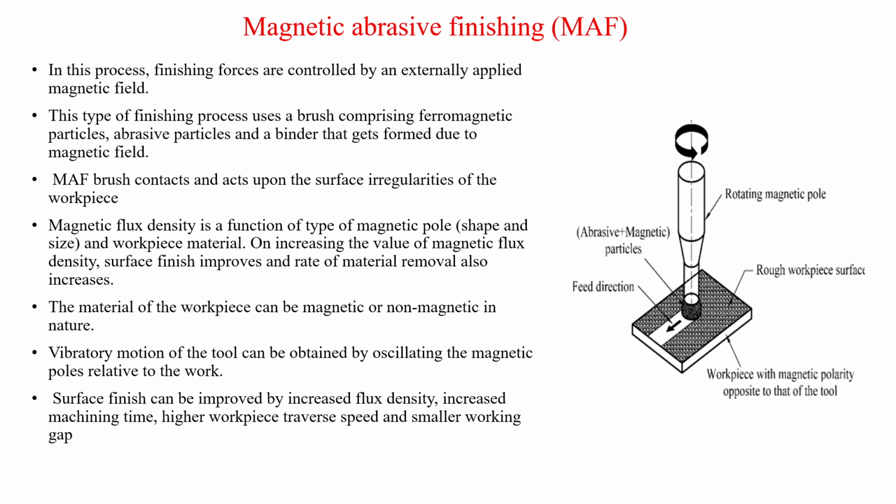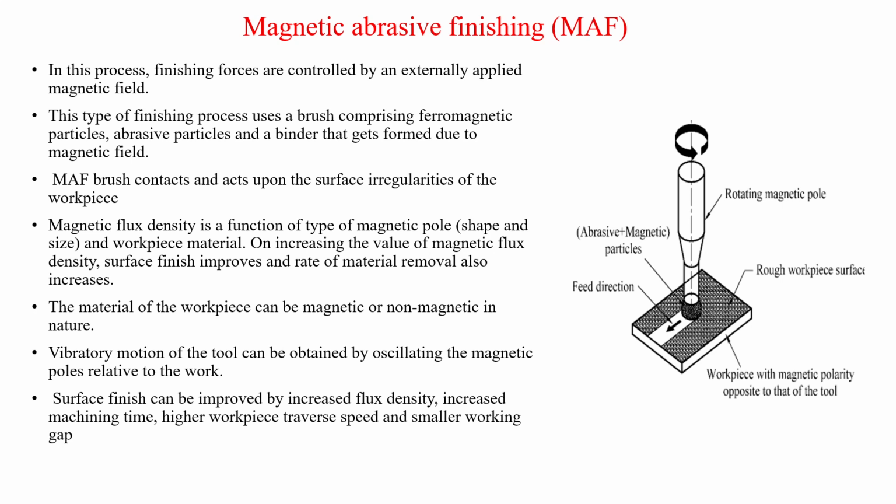Fine. When we increase this magnetic flux density, the surface finish is improved and the rate of material removal also increases. So we can adjust the magnetic intensity using this magnetic field, and as per the requirement the MRR can be changed.